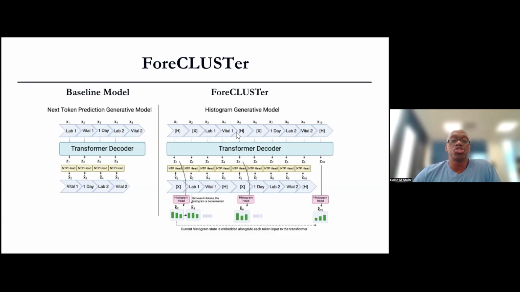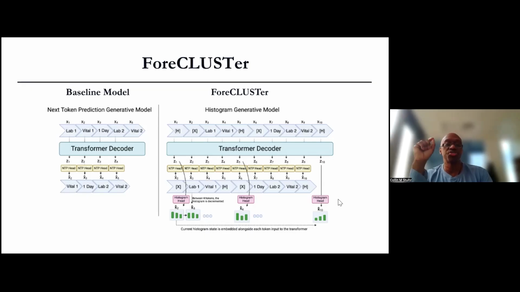So this H is associated with some specific embedding, and this embedding is given to a histogram head, which generates the distribution of the future. So the task for this model is not only to generate the next token, but throughout the original sequence to generate a distribution of future events.